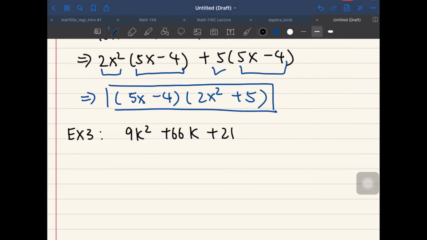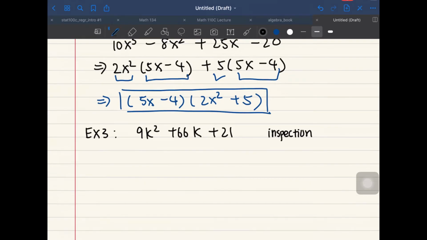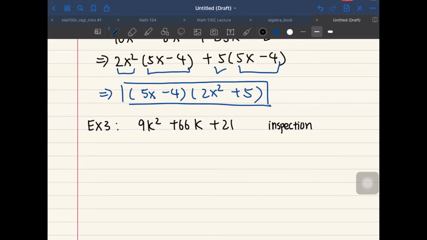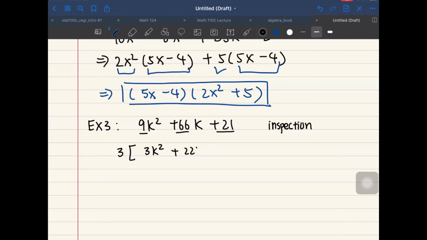We're going to use inspection methods to solve this problem. But before we do that, I notice the leading coefficient has a GCF of 3. So I'm going to take that out, and I'm left with 3k squared plus 22k plus 7. That will make our problem easier and more simplified.